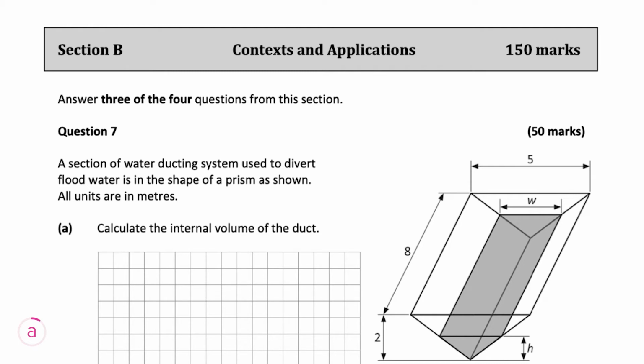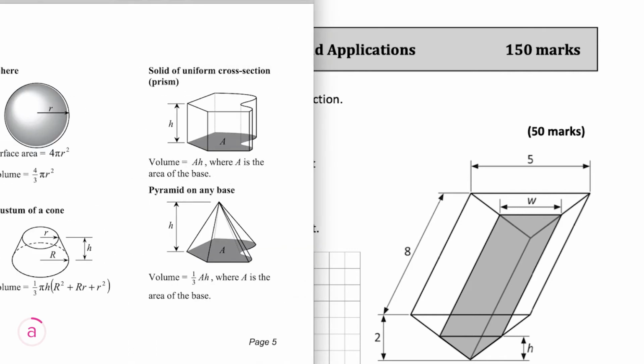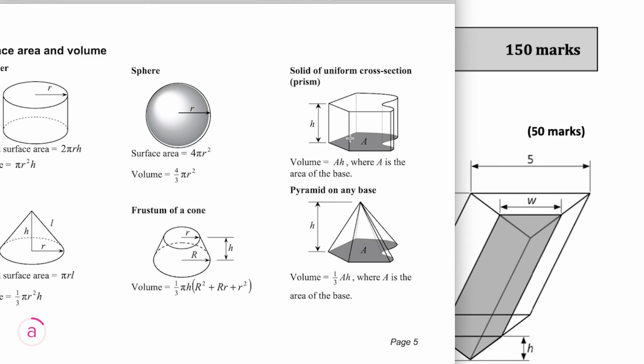So if we go to our log tables, we'll see here that for a solid of uniform cross-section, or a prism, the volume can be given by AH, where A is the area of the base, and H is the height.